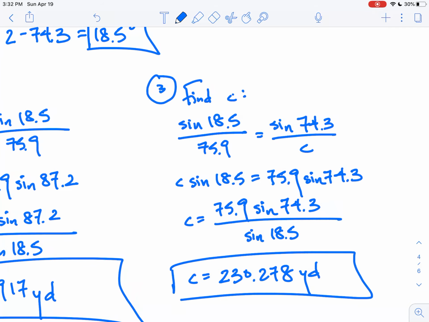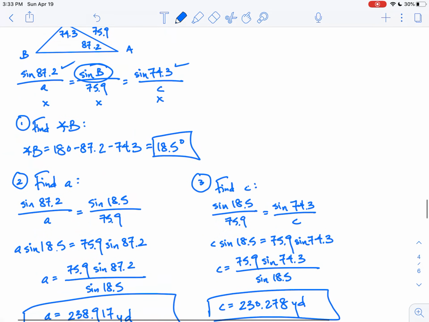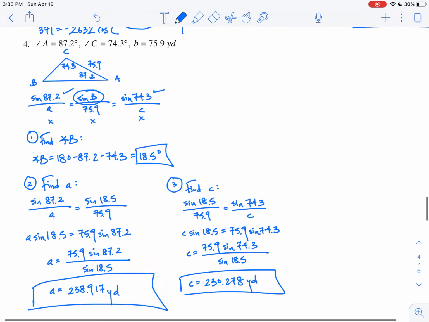So we have a little c of 230.278 yards. All right, so this gives us a good snapshot of how to use law of sines.